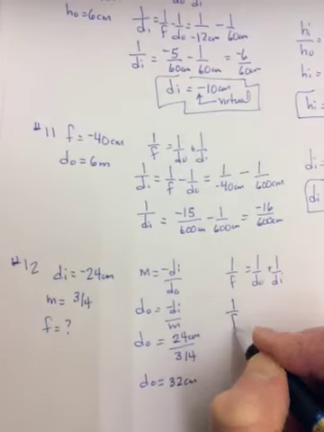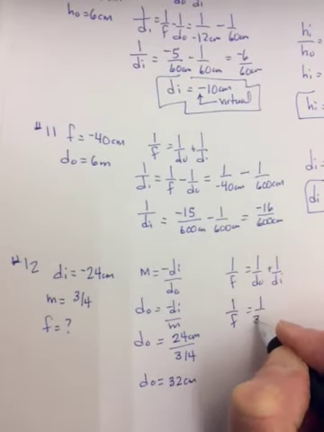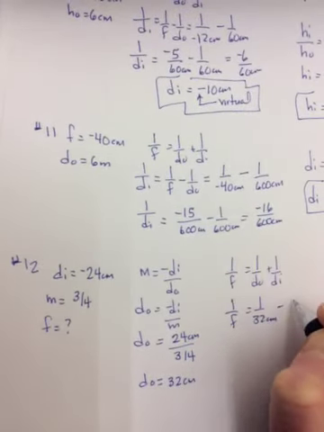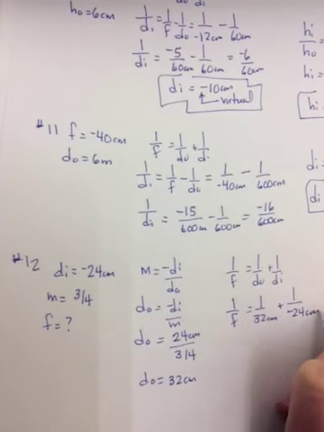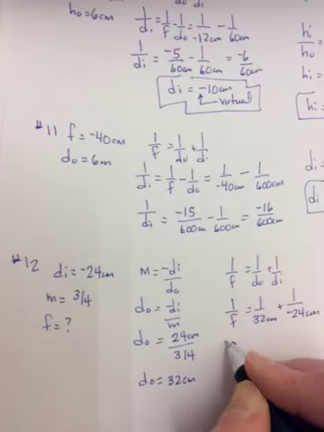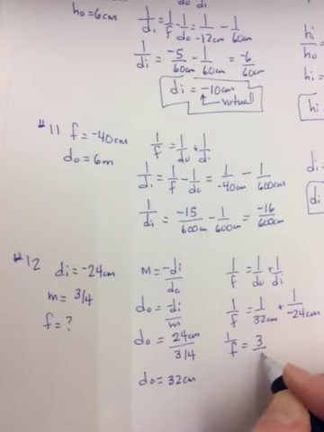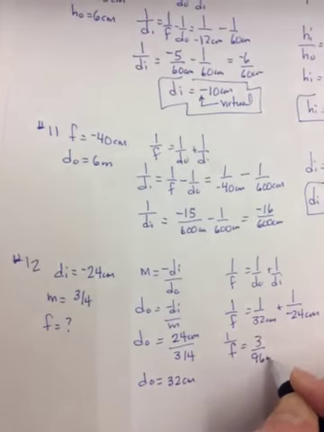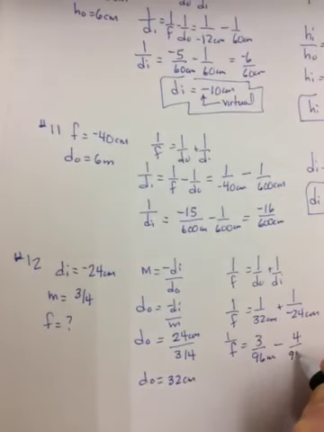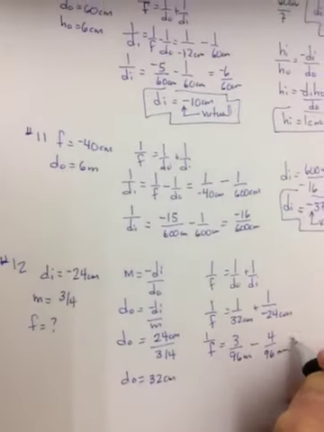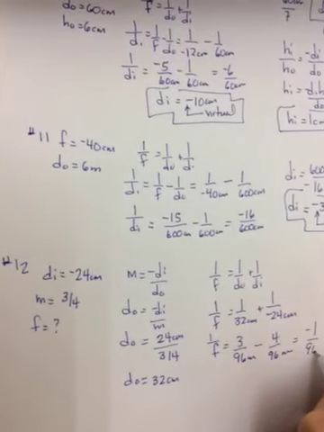looking for F, so 1 over F is equal to 1 over 32 centimeters plus 1 over negative 24, common denominator 96, so 3 over 96 minus 4 over 96 should equal negative 1 over 96.